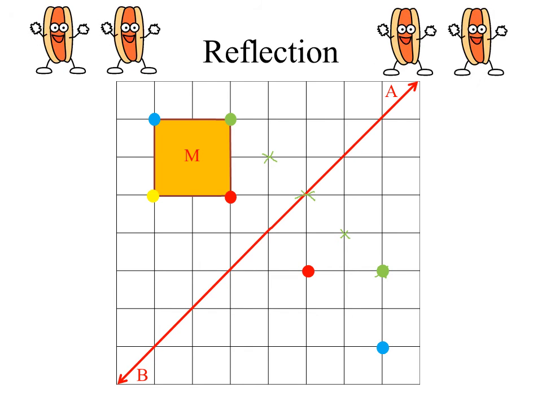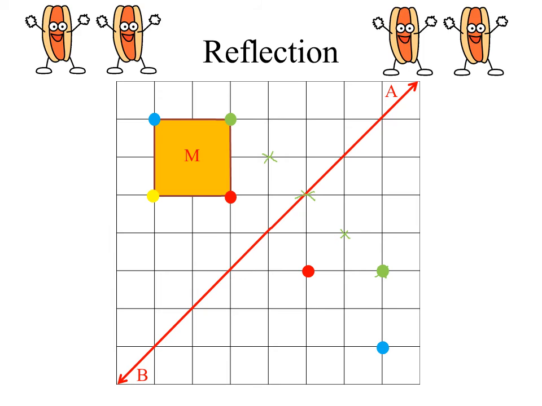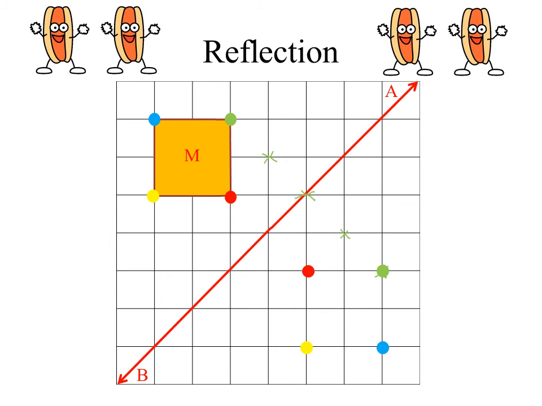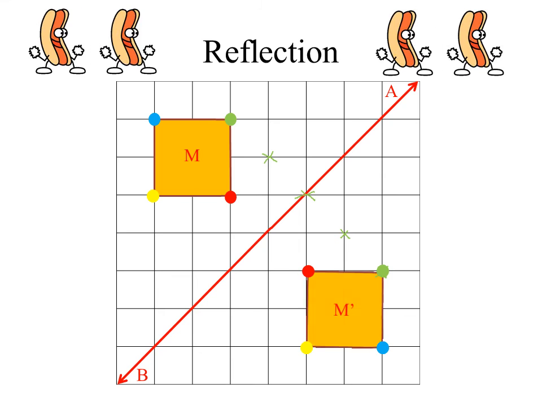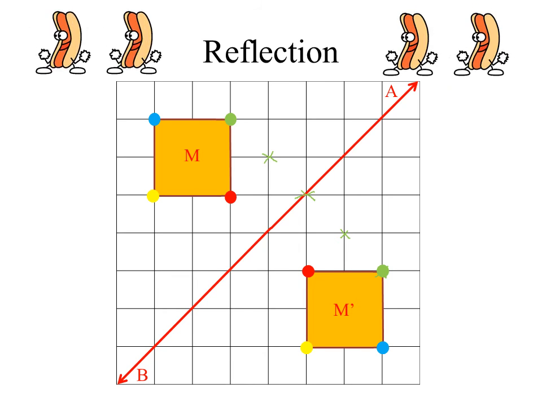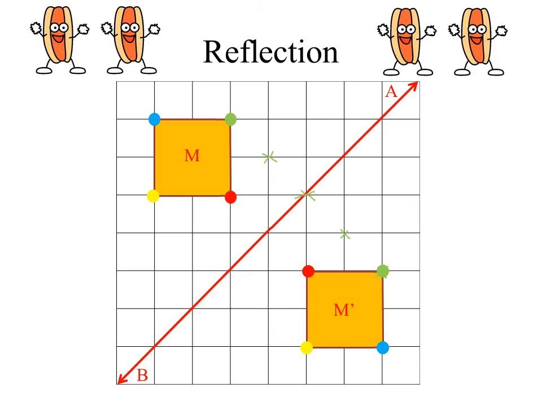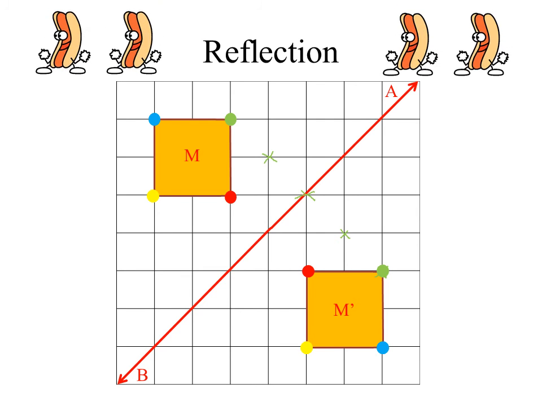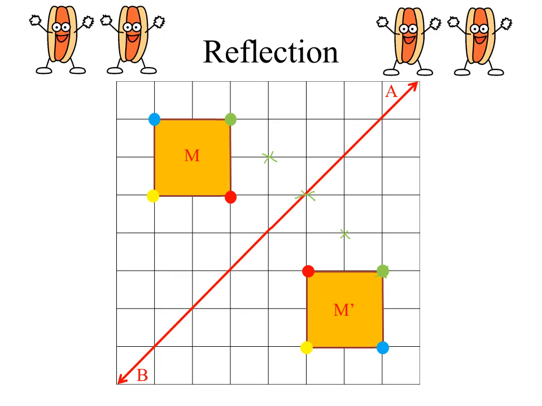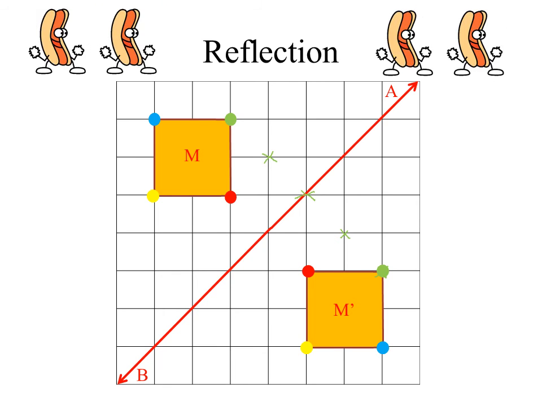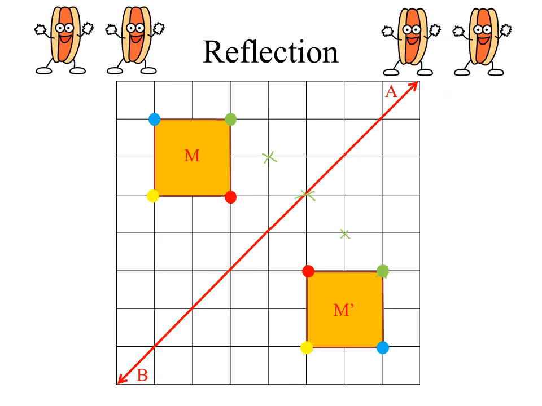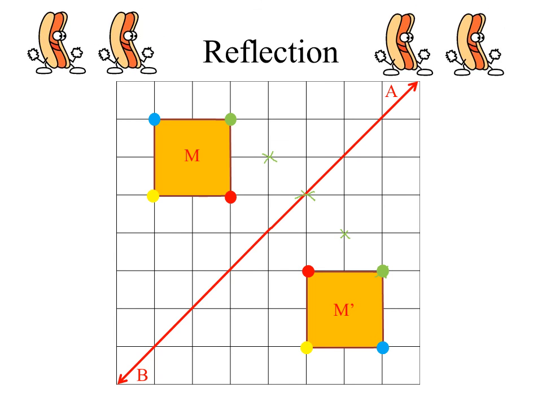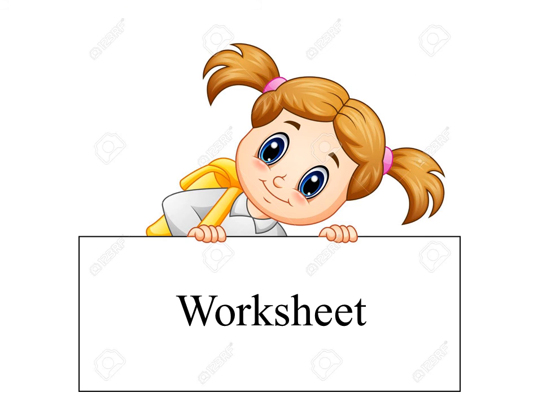Blue, it is moving 1, 2, 3 units to our axis of reflection and 1, 2, 3 beyond to get to that point. And yellow, what about that one? That is like green, where we're moving 1, 2 units to our axis.